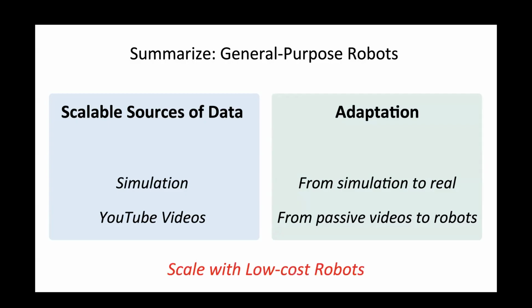And in all the results I showed, every robot was a low-cost robot, pretty much. Quadruped robots were a few $1,000s. The hand I showed cost about $1,200. So I really believe if you want to really scale robotics data collection, it has to be with very low-cost robots at scale. But with that, thank you.